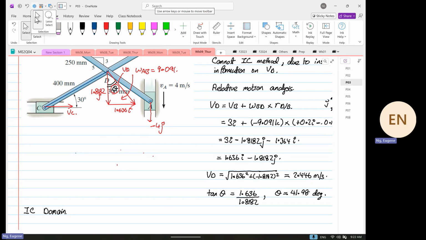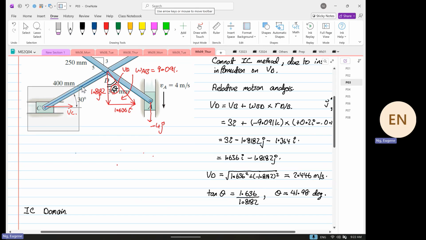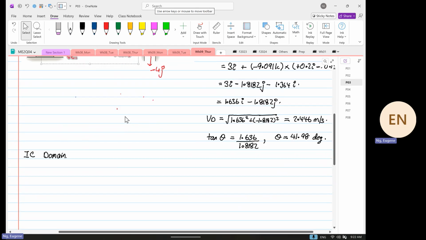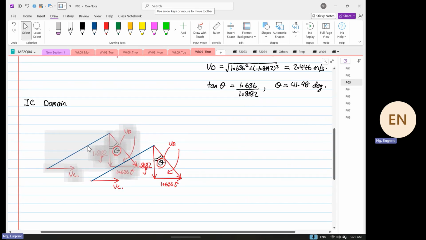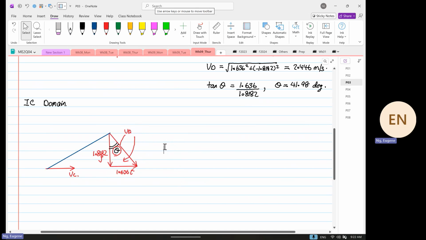Physically, you're going to take all these points and put them here. And then from here, we are going to construct lines.